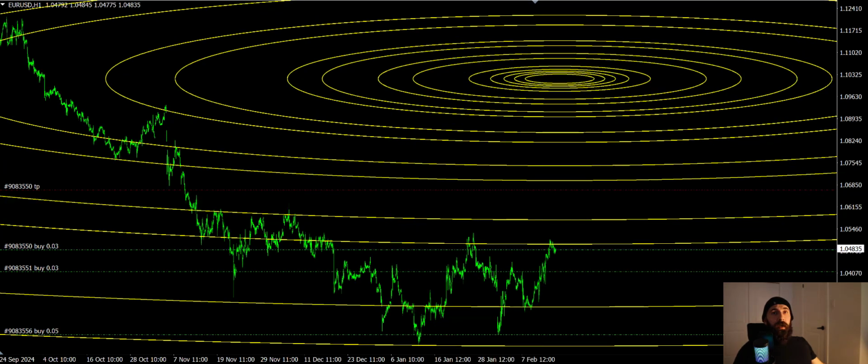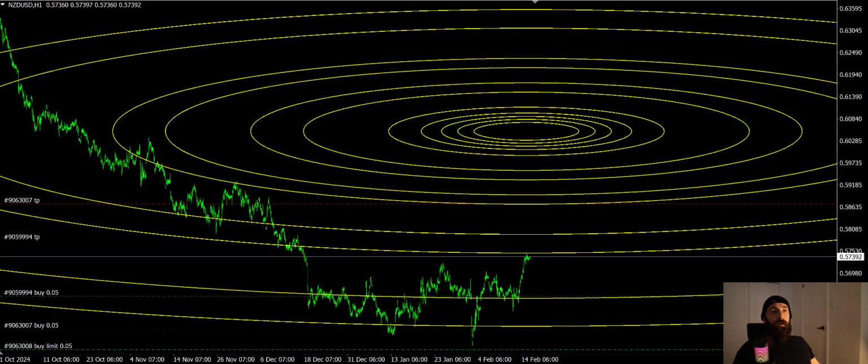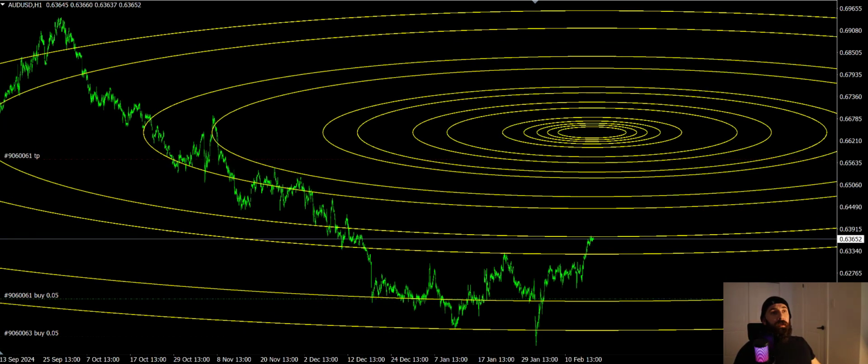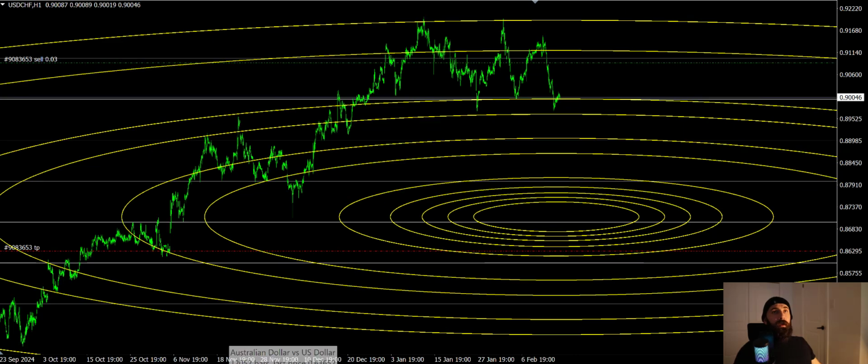An analogy that I like to use is, what you're doing is you're essentially planting seeds. Okay, so what I like to do is use horizontal lines at round numbers. As you can see, at the round numbers, price tends to deflect or break through, so they tend to be good entry points.